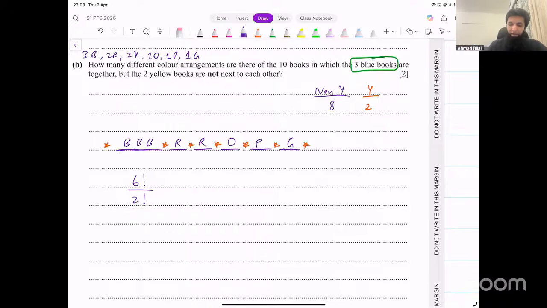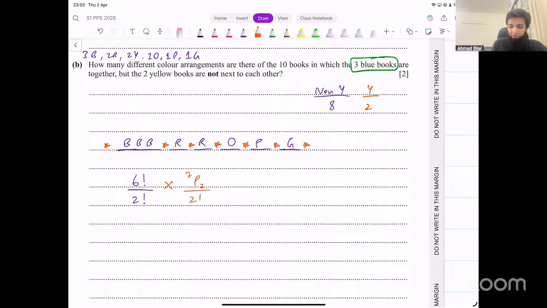Okay. Then what about the yellow books? There are 2 yellow books. How many possible positions do we have for them? 1, 2, 3, 4, 5, 6, 7. There are 7 possible positions for the yellow books. In how many ways can we arrange those yellow books here? 7P2, but then both of them are identical.